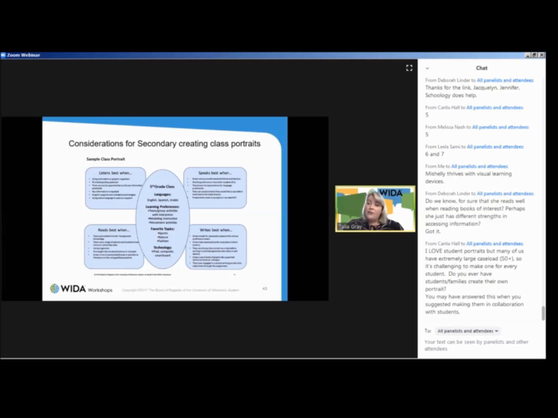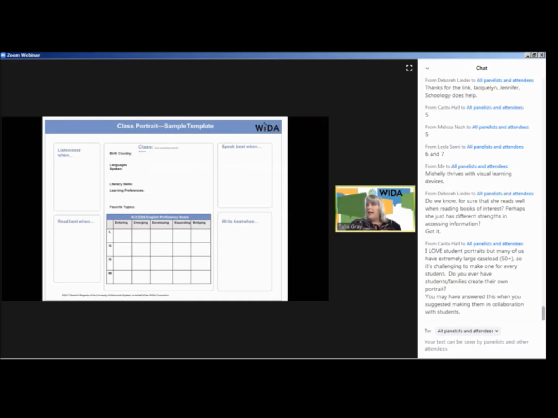You can't make a student portrait on every one of your kids. If you could, it would take you forever. So something that really works well in secondary and middle school as well is a class portrait. And this guide is there for you in the Padlet, and it will help you create those class portraits. And here's another template for a class portrait.